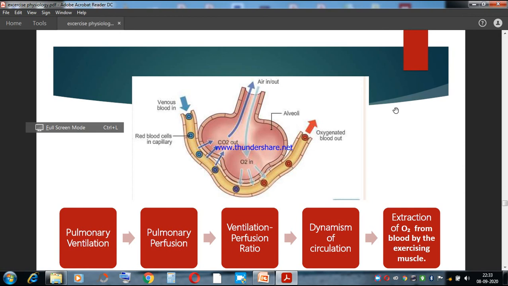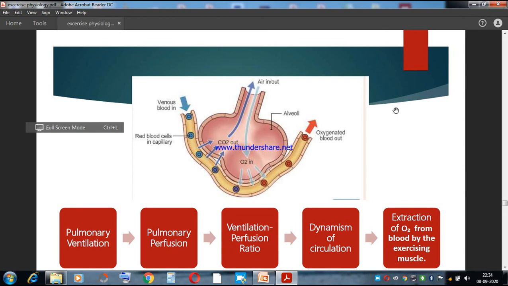Whenever pulmonary ventilation increases, there will be increase in perfusion, that is supply of the blood and oxygen. So there will be change in ventilation perfusion ratio, and that determines the dynamics of circulation. Okay, because of increase in ventilation, the oxygen supply has moved to a portion which was previously dormant, not opened up, not perfused.